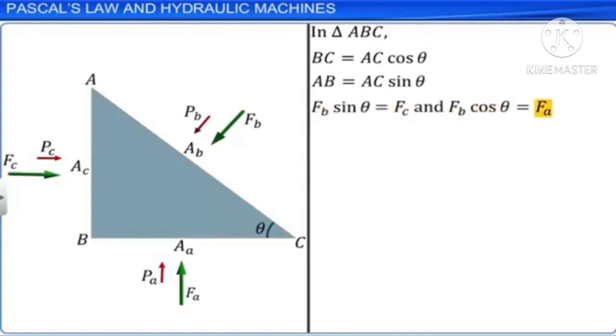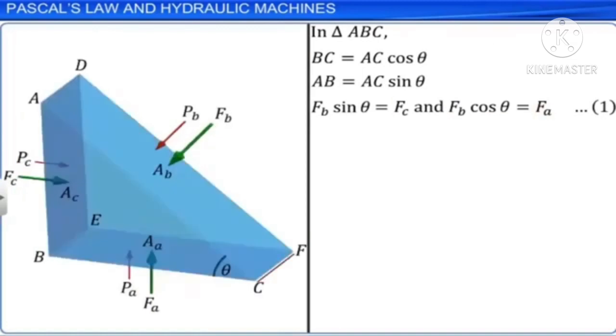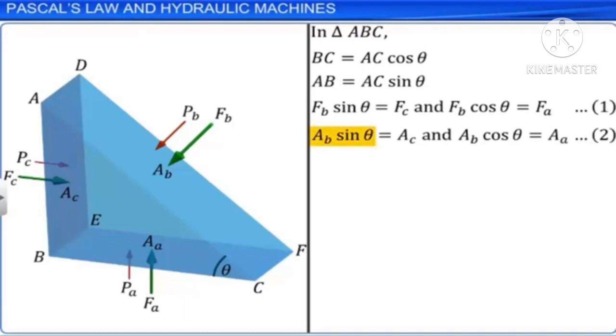As the thickness of the prismatic element is constant, the areas of the three sides of the prism can be expressed in terms of the trigonometric ratios as shown for the forces given by equation 2, which is AB sine theta is equal to AC and AB cosine theta is equal to AA. Dividing equation 1 by equation 2, we get FB divided by AB is equal to FC divided by AC, which is equal to FA divided by AA.